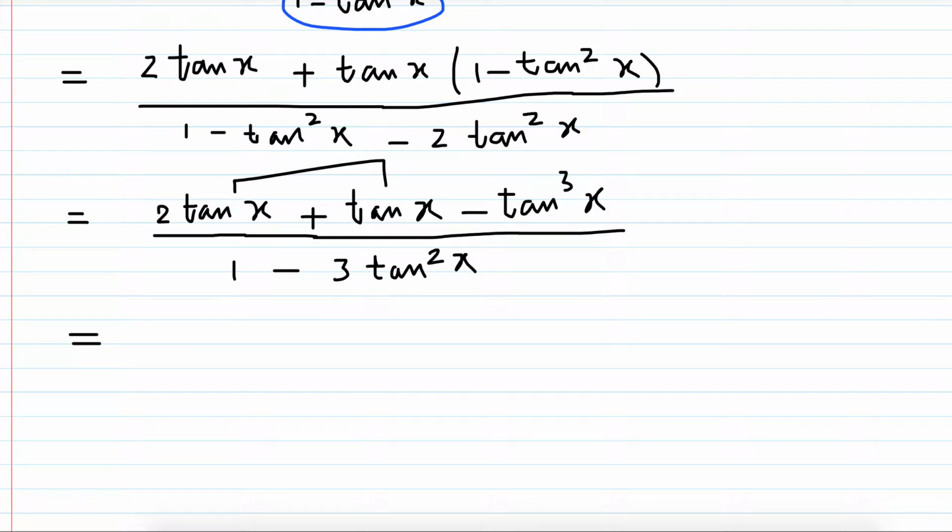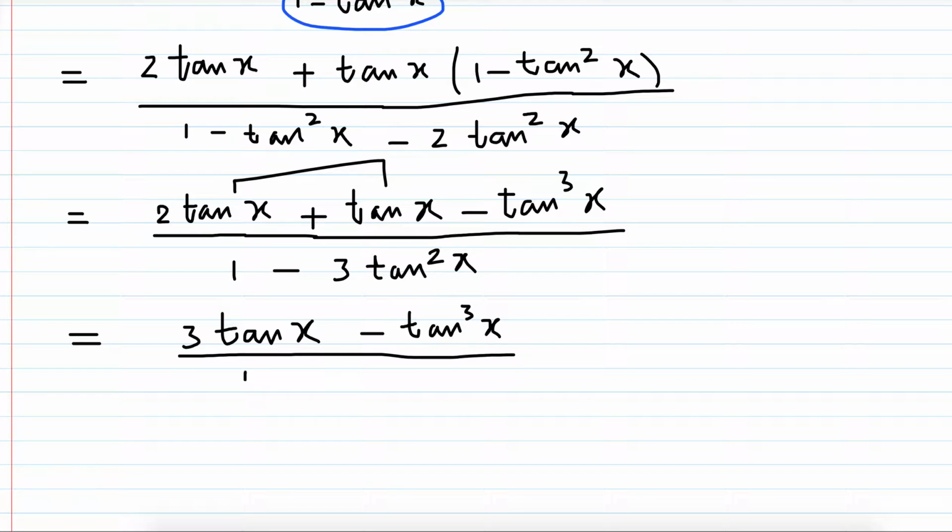So this becomes 3 tan x minus tan cube x divided by 1 minus 3 tan square x. So this is our formula for tan 3x.